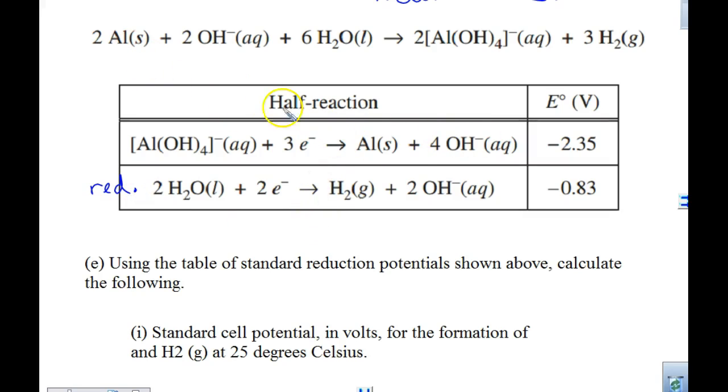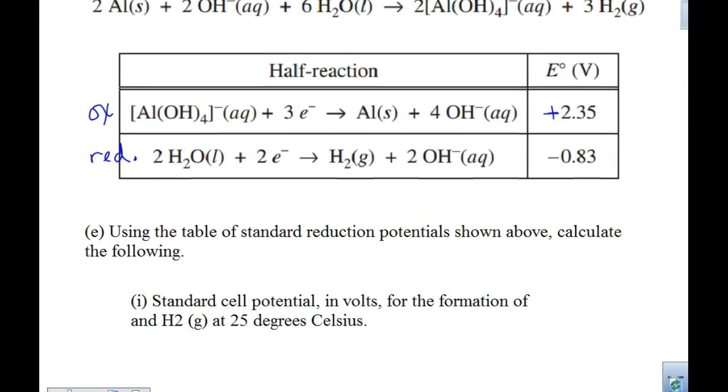And if you look up here, the opposite of this one happens. This is written as a reduction, but the opposite happens. So this is our oxidation half. So the reverse happens, and that also means that we need to change this to a positive.